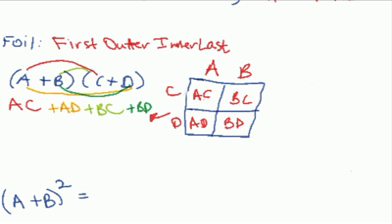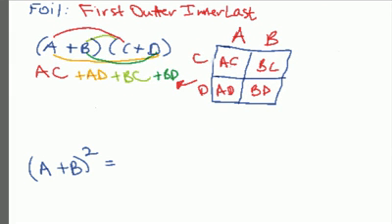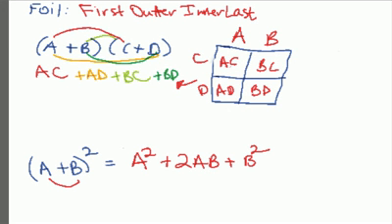Okay? So if it's squared, there's a little trick: you take the square of the first term, plus twice the product of these two, plus the square of the last term. So square, and twice the product.